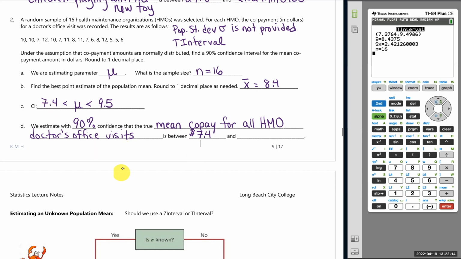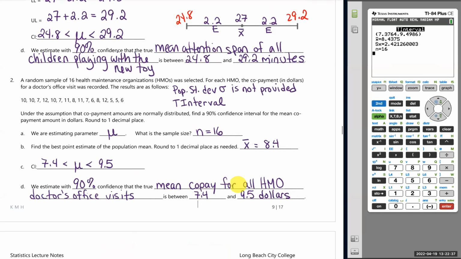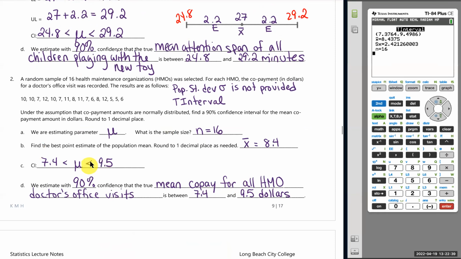So $7.4 and $9.5. The dollar sign looks weird there. It's so small. I'm just going to write the word dollars. I like that better. Between 7.4 and 9.5 dollars.